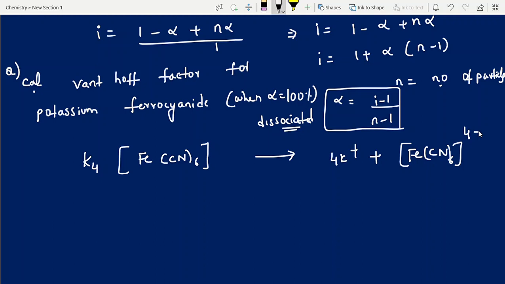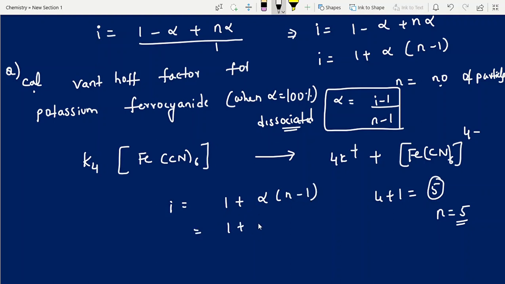So finally, how many particles, students? Here 4, here 1. 4 plus 1 equal to 5 particles. That is nothing but n equal to 5, number of particles. Use this formula. Vant Hoff factor, dissociation type, i equal to 1 plus alpha into (n minus 1).